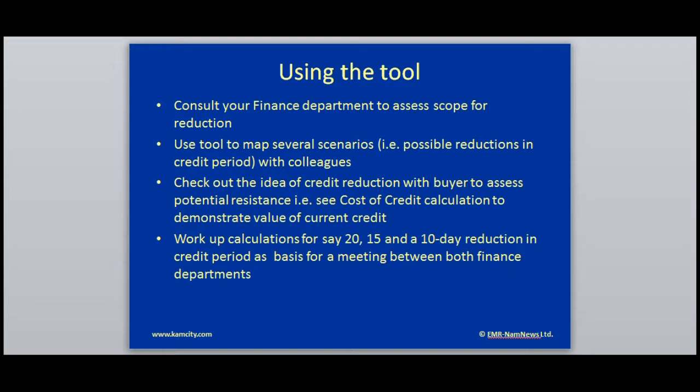Check out at the same time the idea of credit reduction with your buyer in order to assess the potential resistance ahead, and use your cost of credit calculation tool to demonstrate the value of the existing credit you give. Then work up calculations for, say, 20 days, 15 days and a 10-day reduction in credit period as a basis for what will eventually be a meeting between both finance departments.